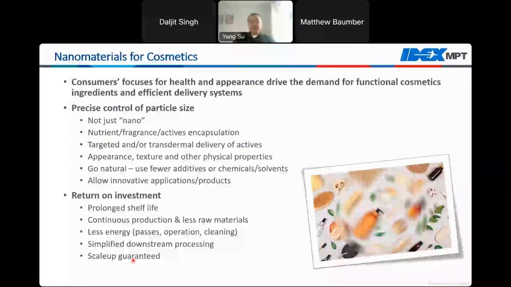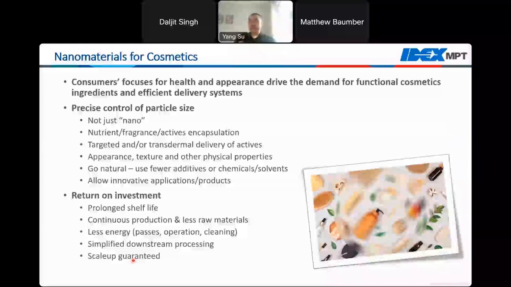So out of all these different formulations, you don't always need to use a high pressure treatment or advanced technology to make your product. It is needed and important when you need to specifically produce high value added products, often utilizing nanomaterials. That's where you need a robust technology to achieve that.